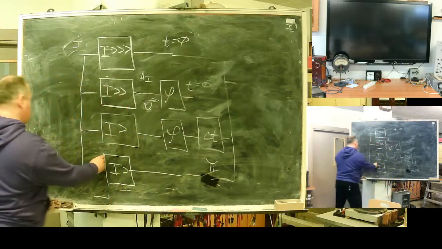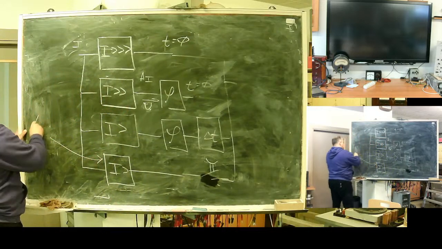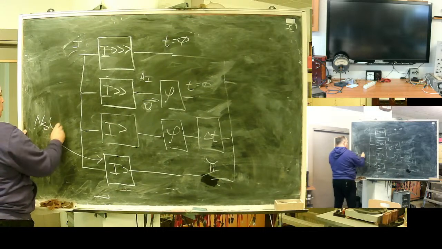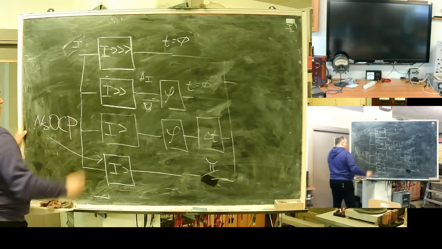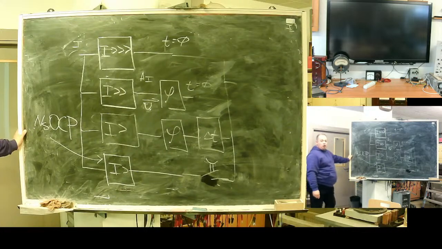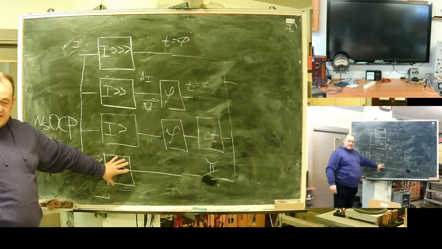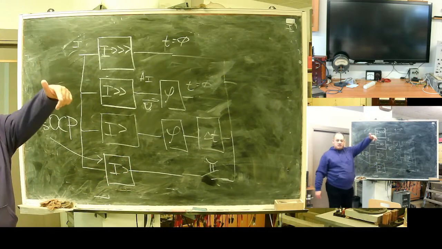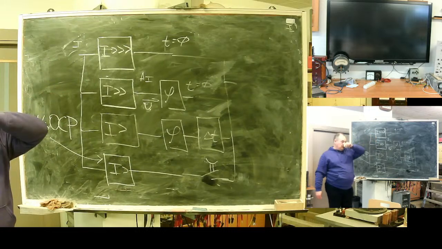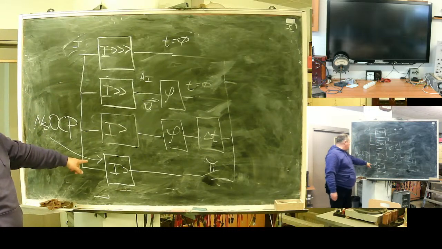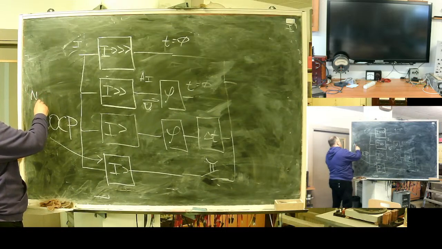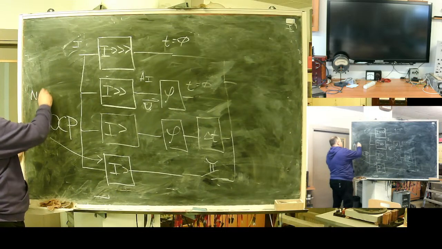It is called non-selective OCP, overcurrent protection. Special stage, sensitive enough to protect my line and the adjacent one.